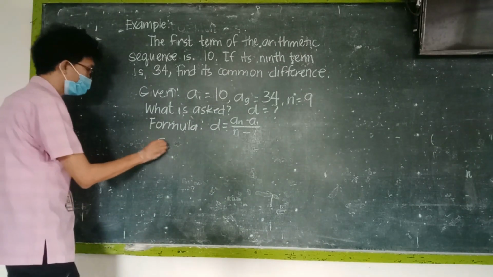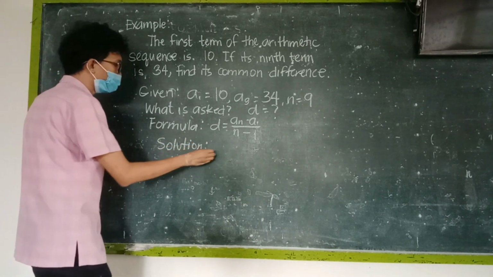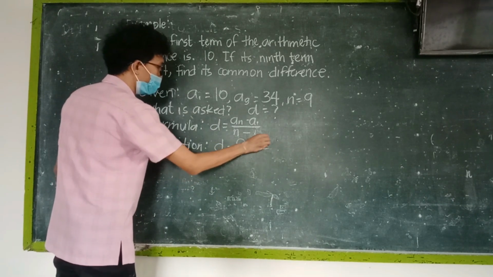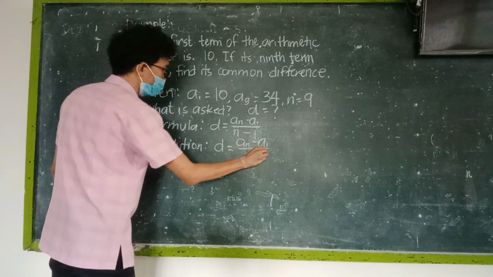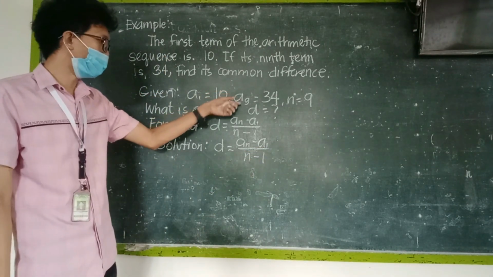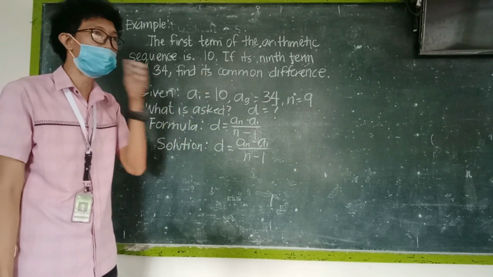So, solution, we have D is equal to A sub n minus A sub 1 all over n minus 1. So, ang ating A sub n, in this case, ang n natin is 9. So, ang A sub n natin is A sub 9.